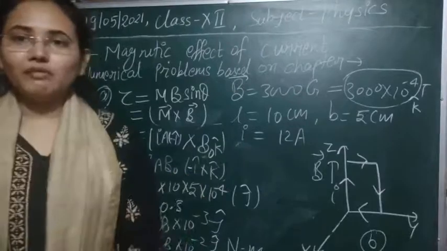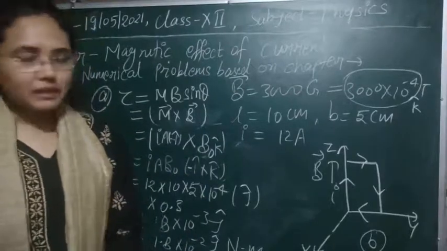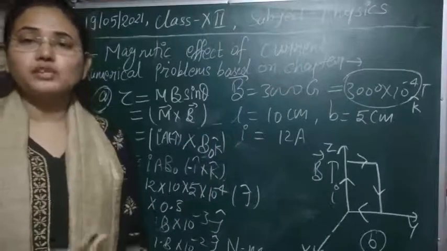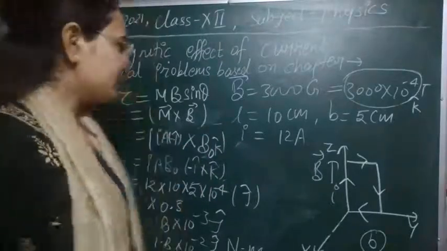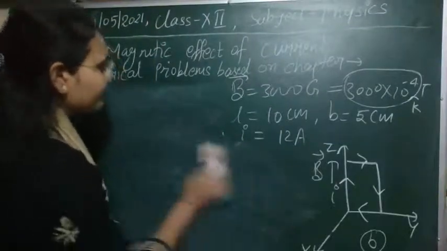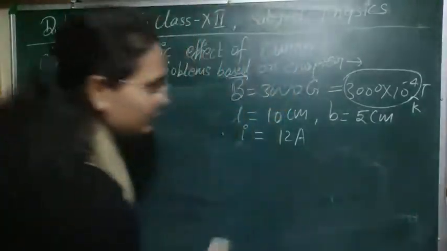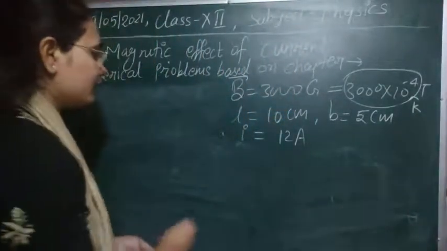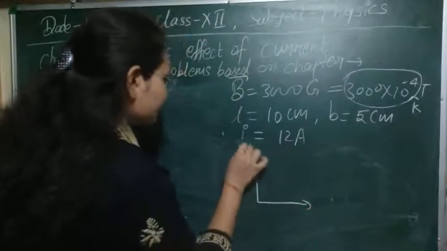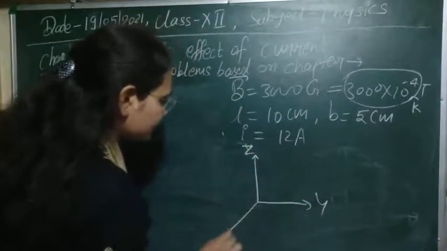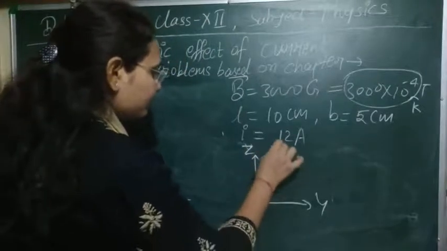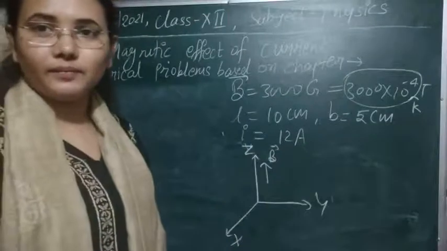In the same way we can also see what will be the value of torque and the direction in the other four cases. So let's see the rest of the cases here. In the third case we have this as our z direction, this is the y direction, this is our x direction, and this is the direction of the magnetic field we have already.